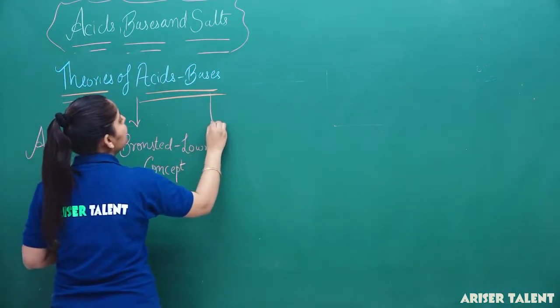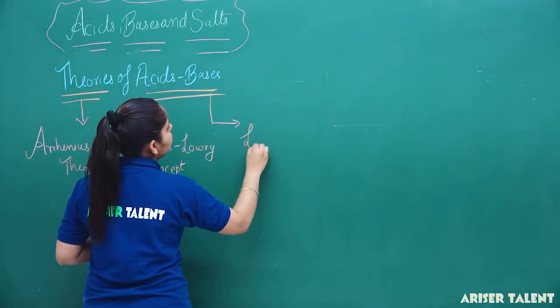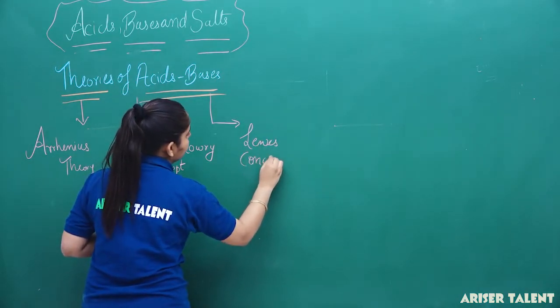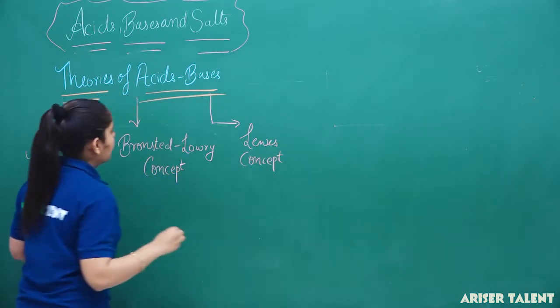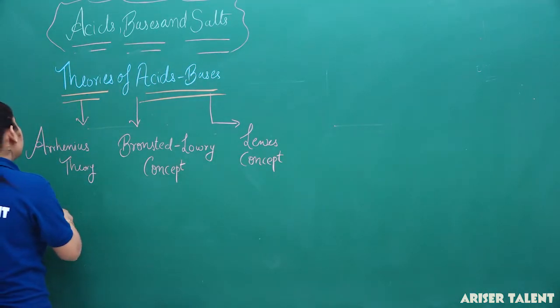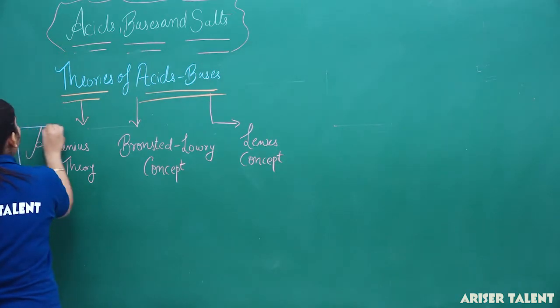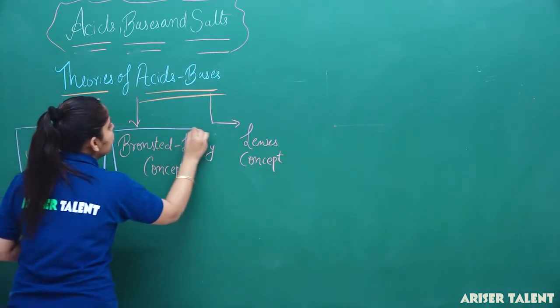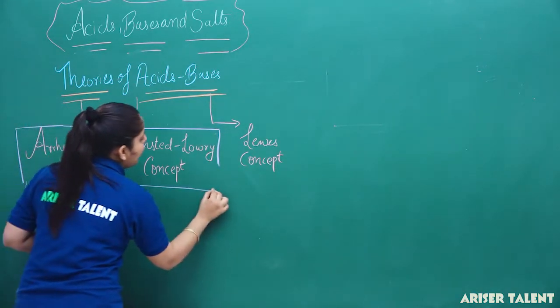And the third concept will be given by Lewis, so it is known as the Lewis concept. So these are the 3 theories regarding acids and bases. First we will deal with the Arrhenius theory, then we will proceed to the Bronsted-Lowry concept and the Lewis concept.